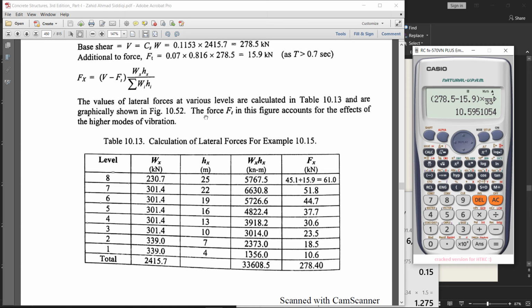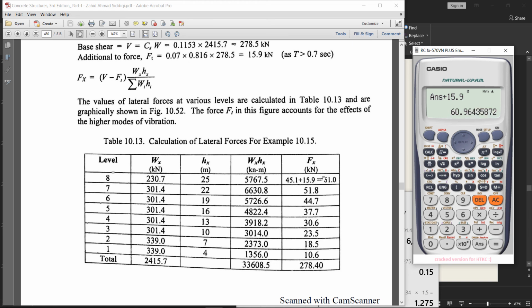To consider the force Ft in this figure, which accounts for the effects of the higher modes of vibration. So for this story, 5767.5, I will put equal, the value is 45.064, 45.1, plus Ft, that is 15.9.